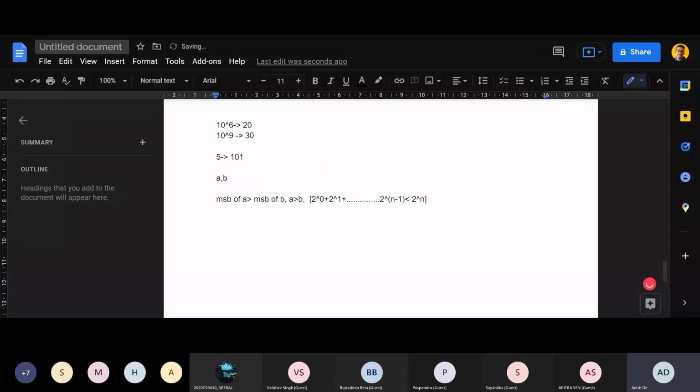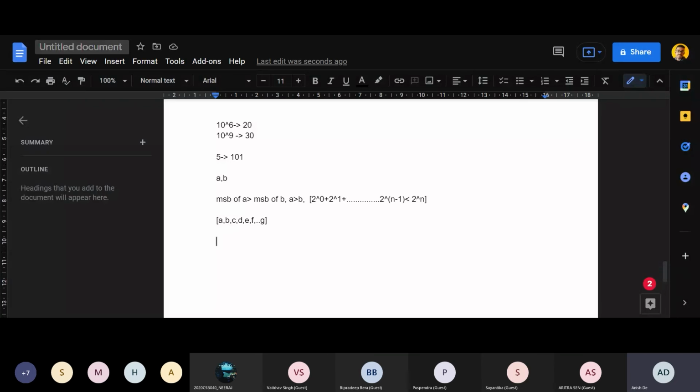Except this, another application of bit masking is using brute force. Let's say you are given an array a, b, c, e. Let's say we have this array, and I tell you that you have to select some numbers from this such that the numbers you have chosen are divisible by x, and the sum of the numbers is maximum.